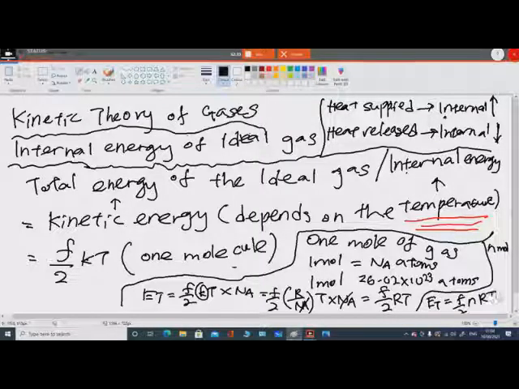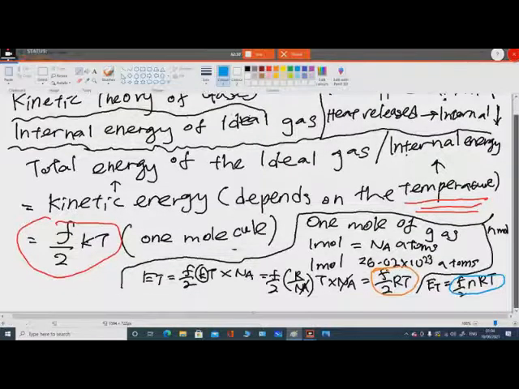Let me highlight: this is the one molecule, this is the 1 mole of gas, and finally this is the N moles of gas. Let me scroll down. This is how we determine the internal energy for one molecule, 1 mole of gas, and N moles of gas.